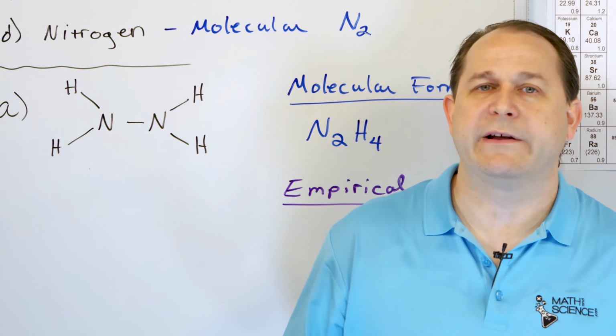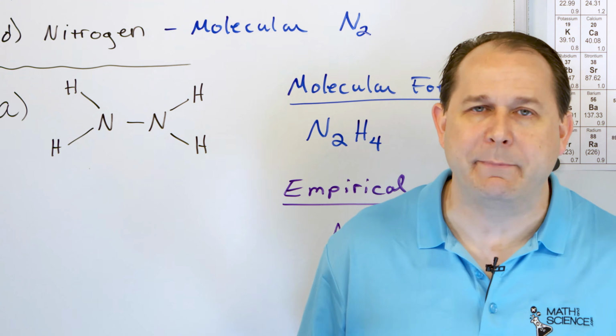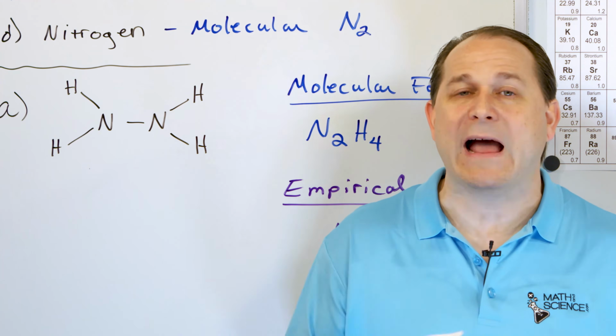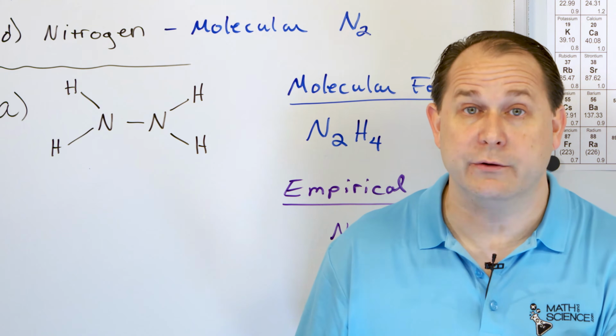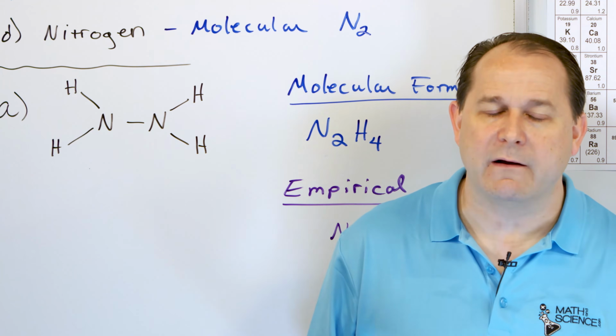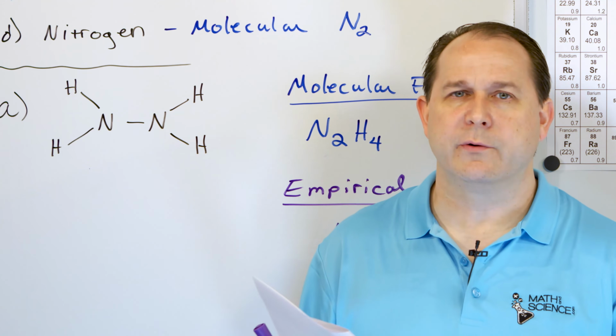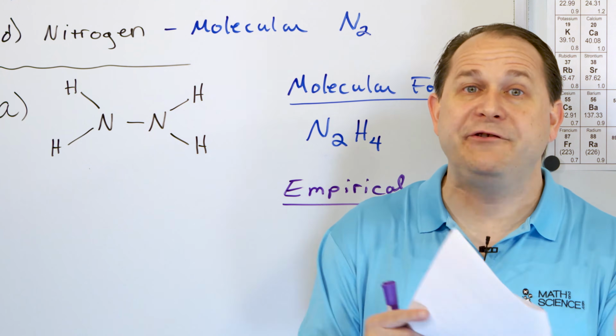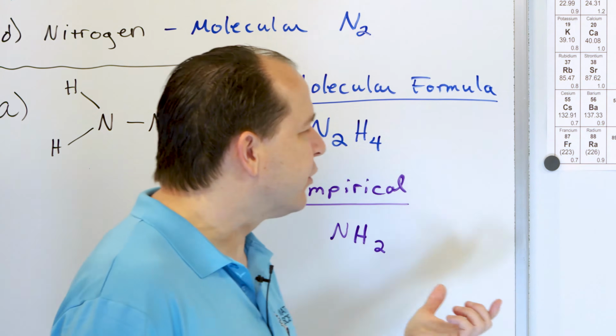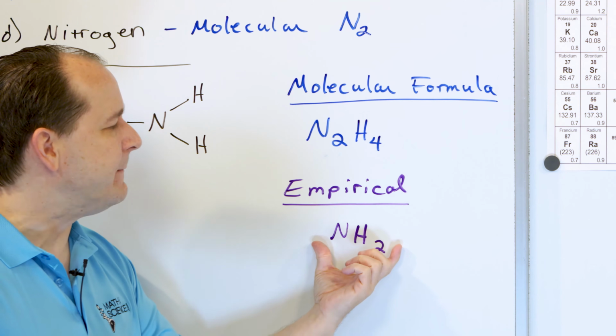Then what you're going to do is run experiments on it. You're going to run it through a mass spectrometer to figure out the masses of the different atoms there. And you're going to find the ratios of the atoms that are there. So you don't really know the actual structure of the molecule, but you can quickly figure out the ratio of the atoms. So what you're going to come up with in a lab is actually the empirical formula.